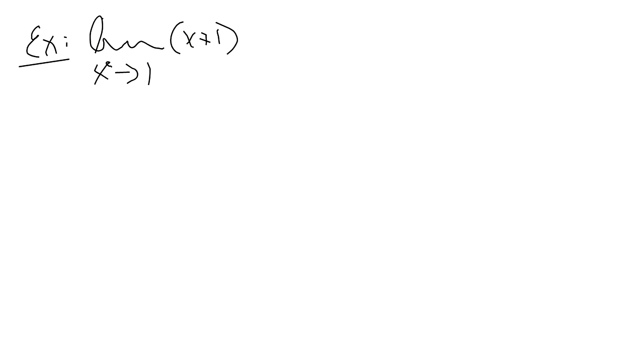So let's look at the first example where we had the limit as x approaches 1 from both sides of x plus 1. Let's start with the one that didn't have the whole exists and equals 2. So what I'm going to do is say let epsilon equal 0.1.